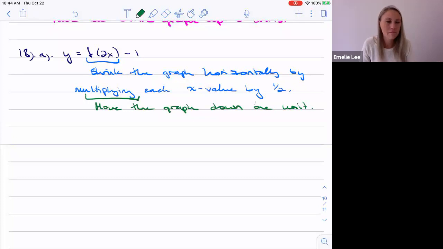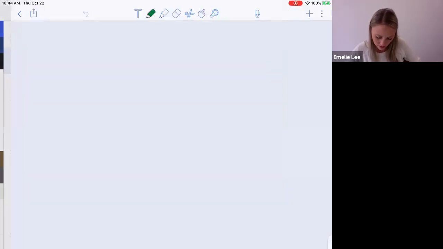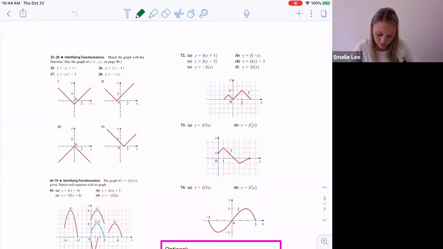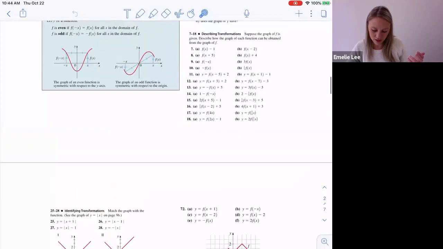Good. Okay. So let's see here. Like I said, I'm going to leave all those kind of problems where you're given a graph. The absolute value of x is this V shape, right? So I guess that helps, but if you're given a graph, knowing what these changes look like, right?